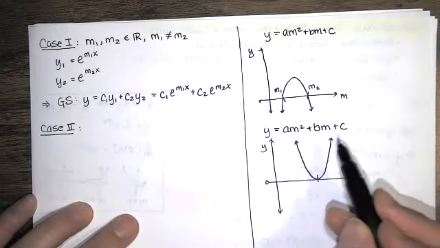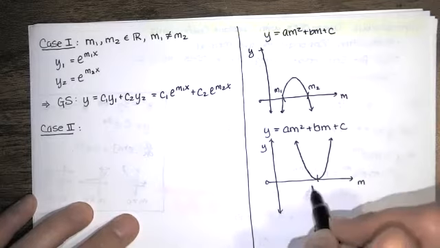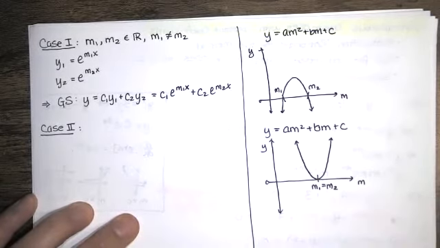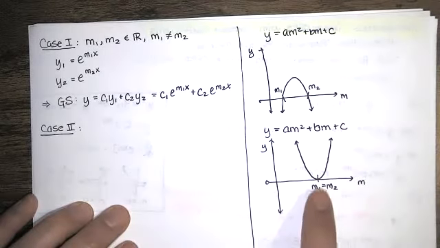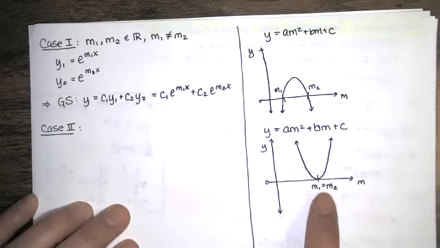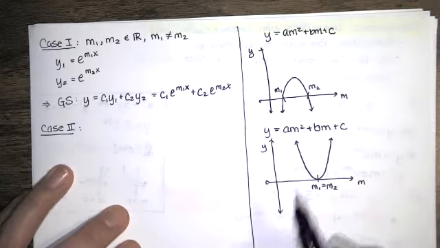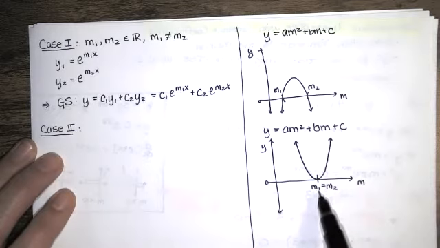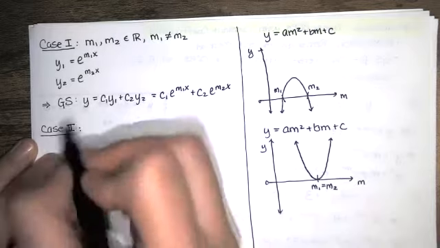So am squared plus bm plus c is equal to 0 at one value of m. We'll call that m1. Now, since this is a second degree polynomial, we're going to think of this not as a single real root, but as a repeated real root. You'll see how you can tell it's a repeated real root when we look at an example of this case. But this is just the one value of m that satisfies this equation set equal to 0.